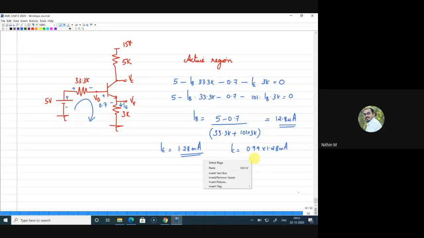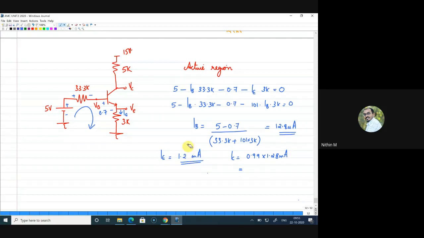I think you are getting IE as 1.29, right? Yes, this is 1.29, and the other value is 1.28 milliamps. This is directly because IB and IC are related by beta divided by 100.